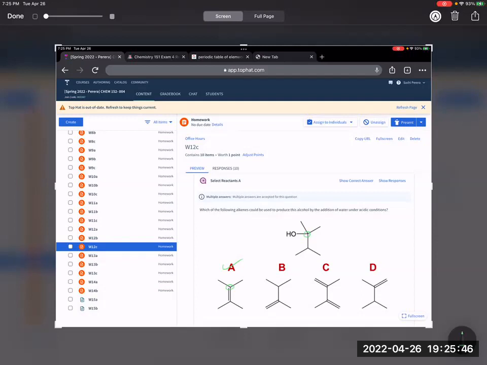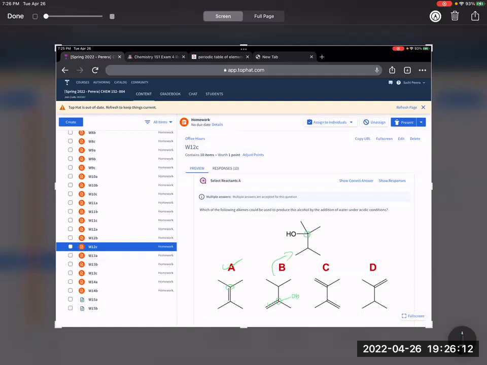And B is also good because this double bond involves this carbon, because if we turn this around, it's going to look like our product. If we have this OH bond to here when the double bond is gone.